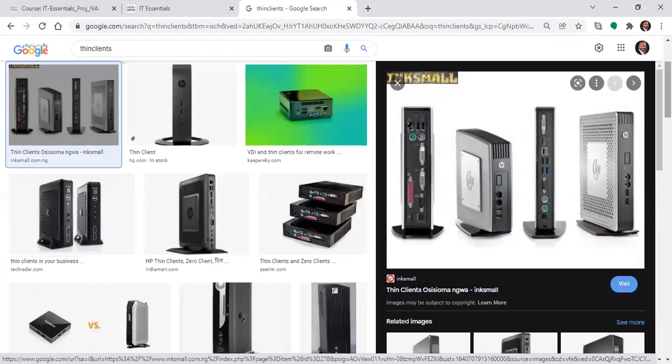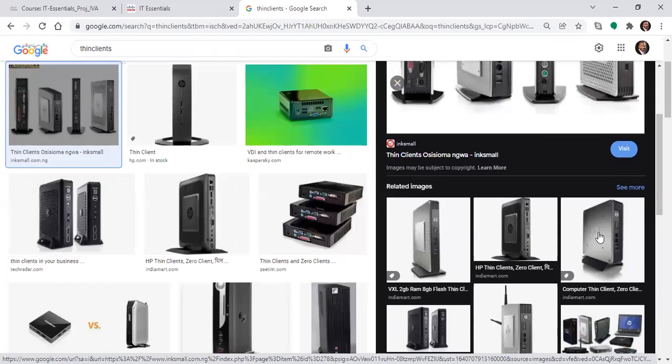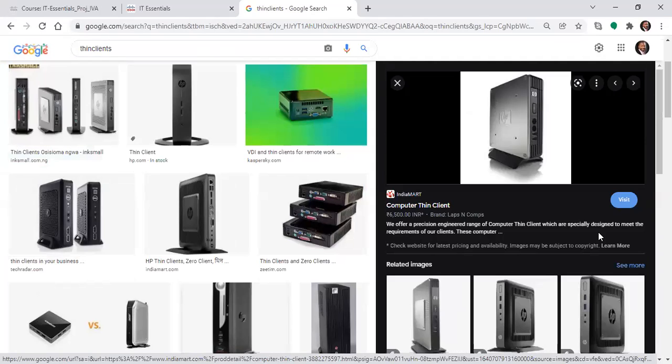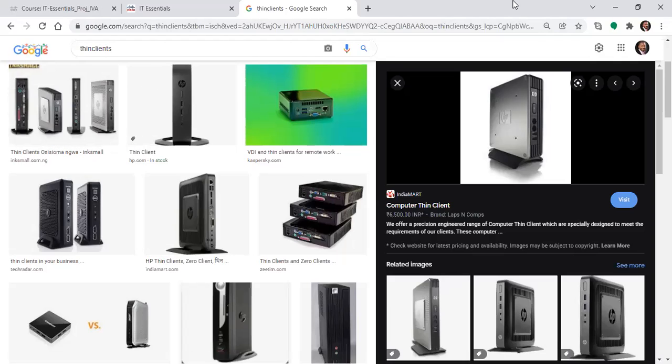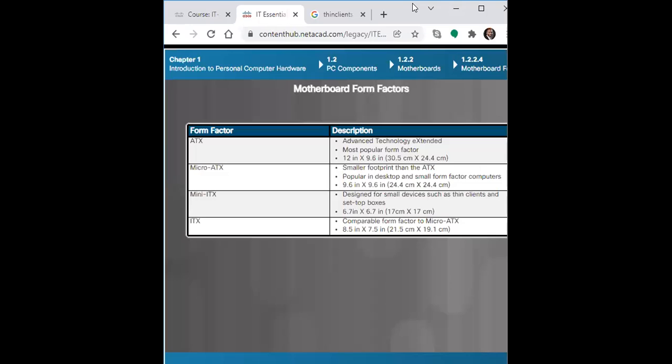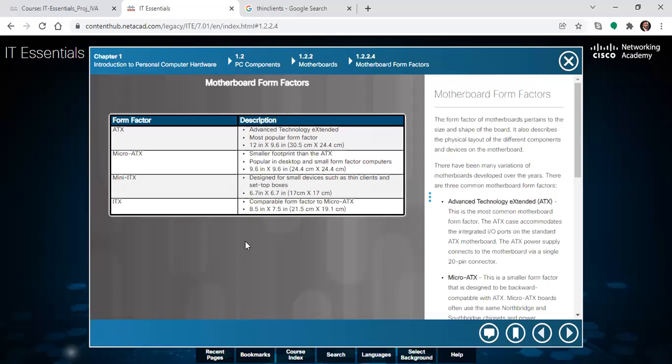This is what they're talking about. There is a board inside as well. They're telling us the board inside there is a mini ITX, designed for small devices.